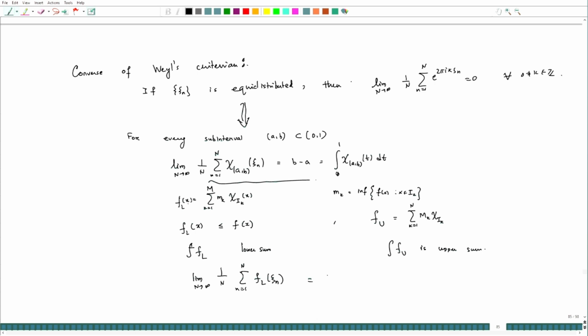Now, f l of xi n is less than or equal to f of xi n, which is less than or equal to f u of xi n.